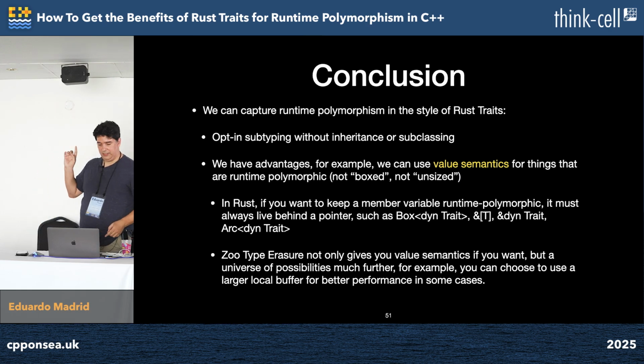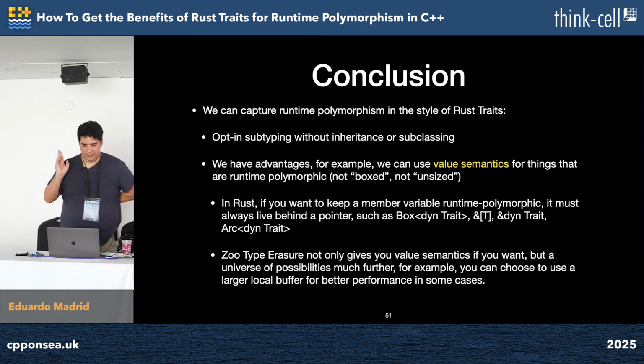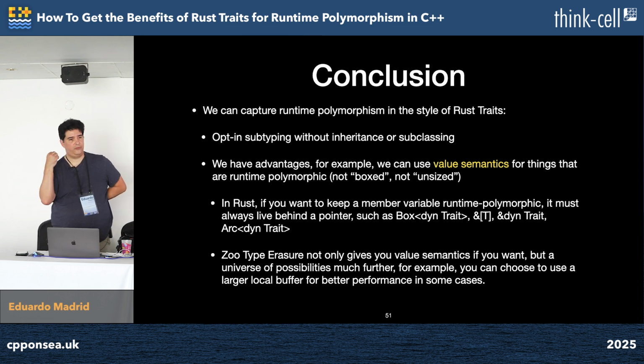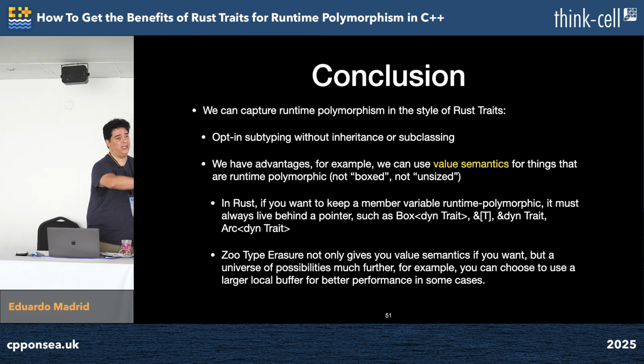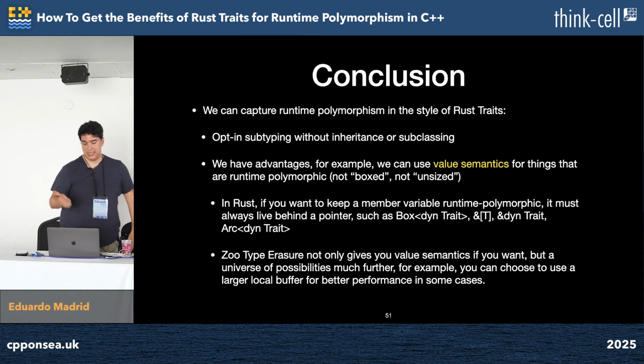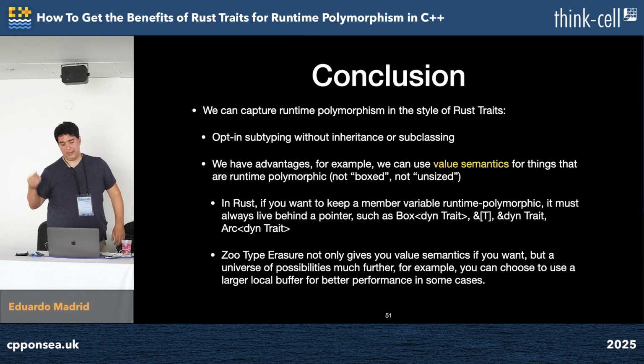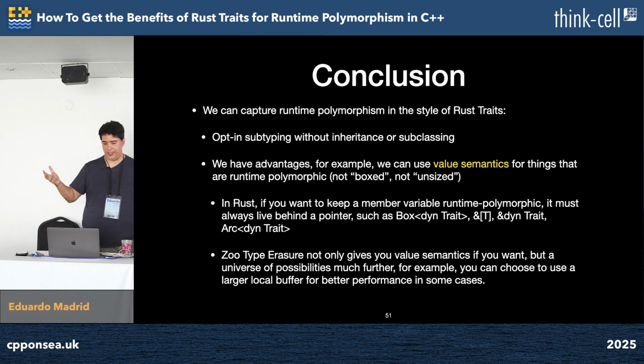But I didn't tell you, this is probably not for the conclusion, but this is the time, I guess, to tell you that we have advantages. Because any container gives you something that Rust traits don't give you, which is value semantics. In Rust, if you want to keep the nature of a runtime polymorphic thing, like you're not going to use a concrete type that happens to be serializable, but you want to have something that is serializable so that at runtime it can be filled with whatever is serializable, it will continue to be runtime polymorphic, and then it will almost always leave behind a pointer.